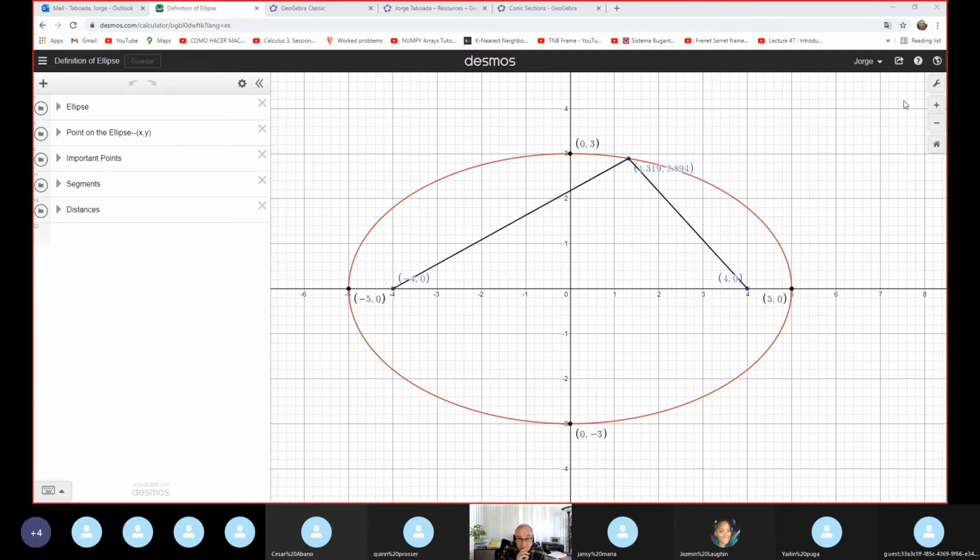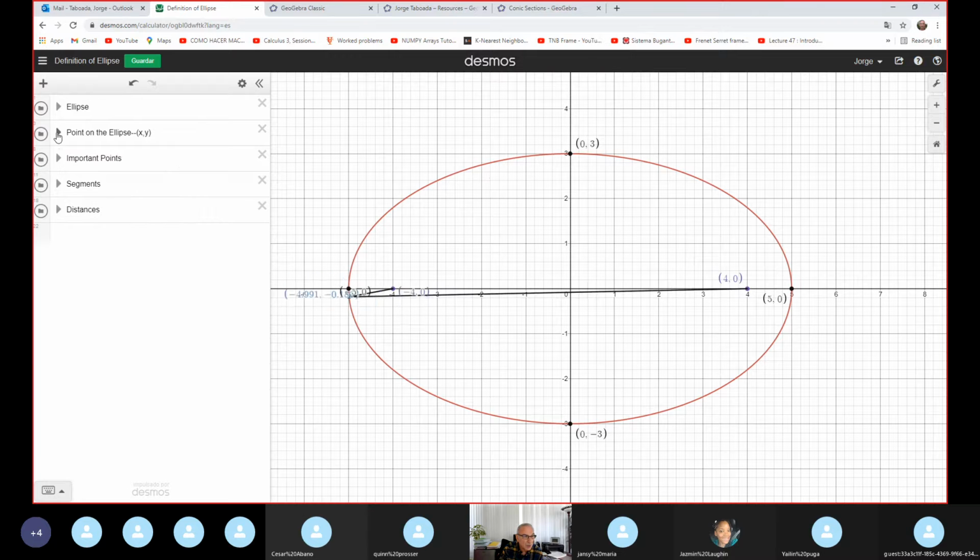The definition is the geometric place of the set of the points x,y, similar to the circle that we studied, but in this case we have an important point. Look, what is the definition? You have different points.